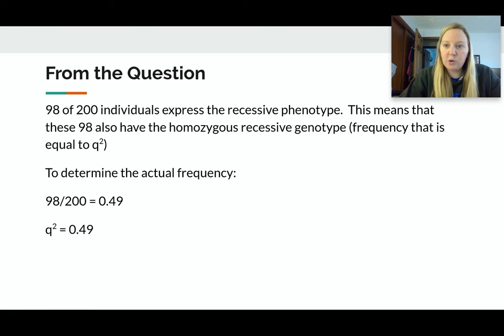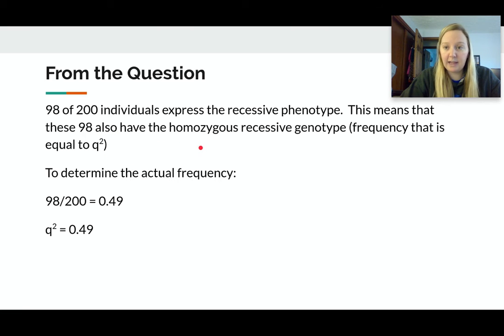From our first equation, we are looking for our 2pq value, that heterozygote number. So we have to start by determining how many people in our population are homozygous recessive. That is our q squared value.